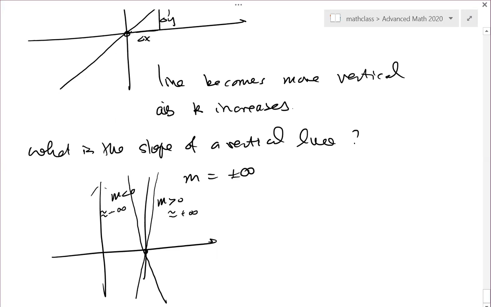You can imagine a horizontal line: the slope is 0. So this is the geometric meaning of the slope: it's the ratio of the increase in the y coordinates over the increase in the x coordinates.